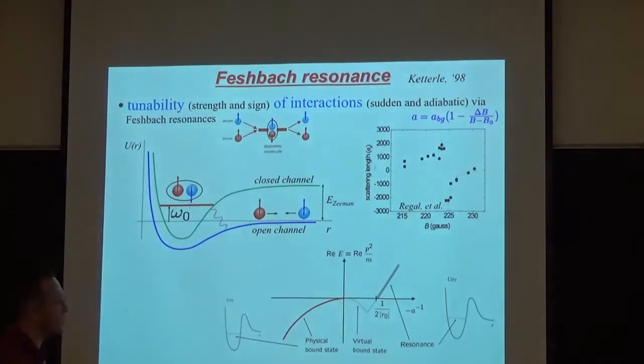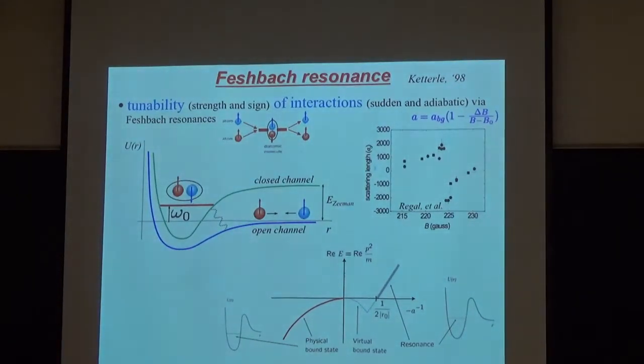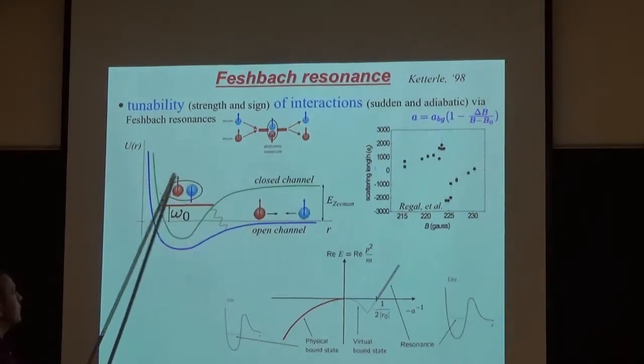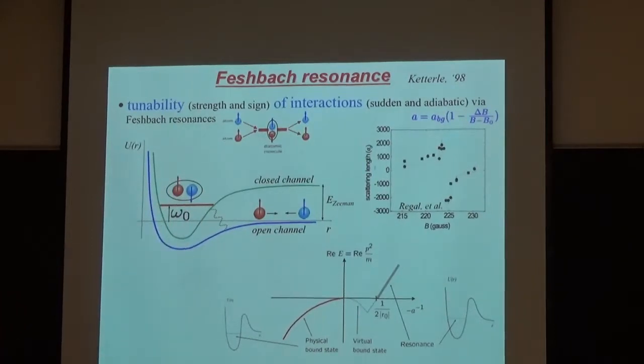So if you actually go and calculate, and I will do that, hopefully I'll get to that, the scattering amplitude of these two atoms through this resonant process, and then you look at the poles of that scattering amplitude, and look at the real part of that pole, you can plot the value of the real part of that pole. That's the energy of your state. That tells you about the states. That's another way to solve the Schrödinger equation: find the scattering amplitude and look at its poles.